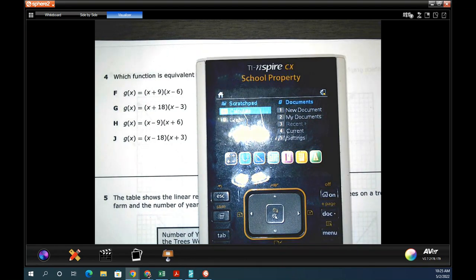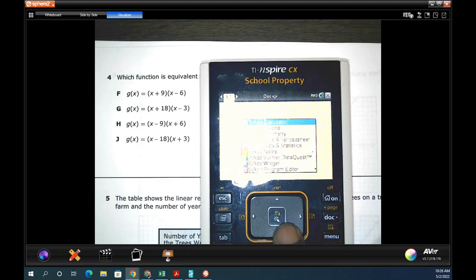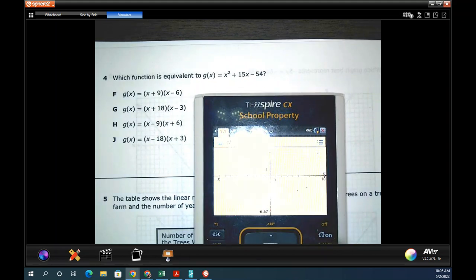Go to new document. We're going to create a graph. So you type in that first equation, x squared plus 15x minus 54. Hit enter.